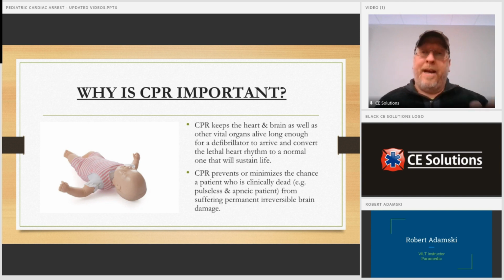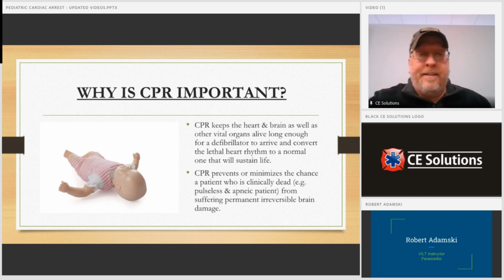Then those advanced techniques, equipment, and personnel will convert that lethal heart rhythm, which is not pumping blood and not perfusing our vital organs, back into one that will sustain life.